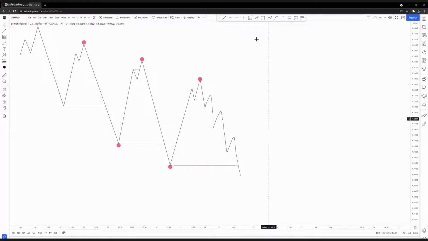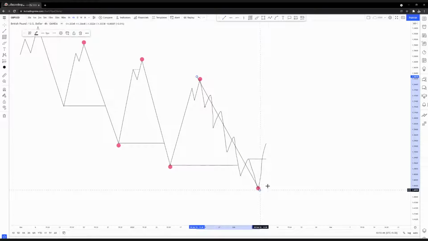How do we confirm the low? You have to get a bullish Quasimodo, like this. See that? Then this becomes your new trading range, discount and premium. Once again, wait for it to clear out the internal range liquidity.